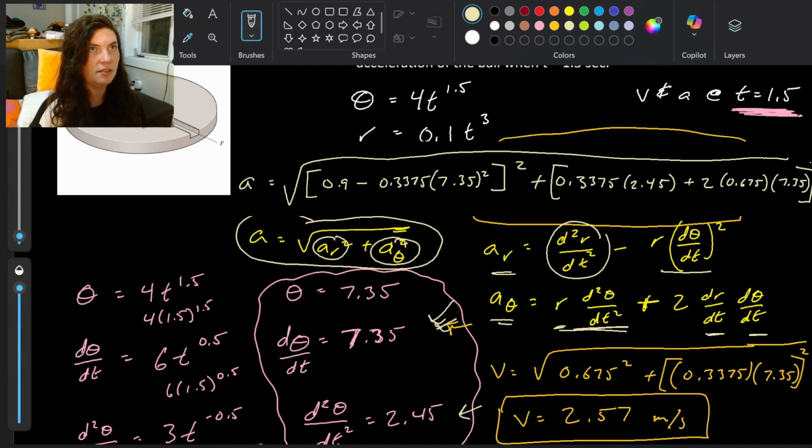All of that is squared, and everything, absolutely everything, gets captured under that square root.